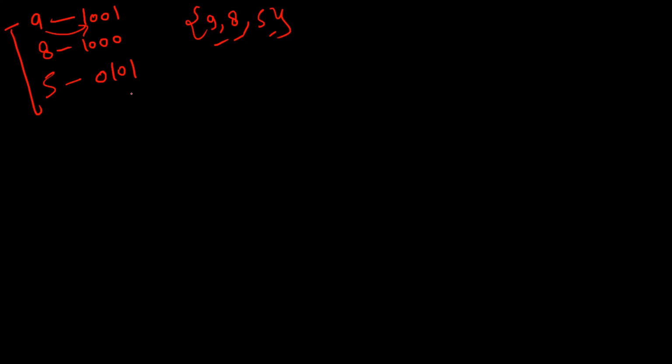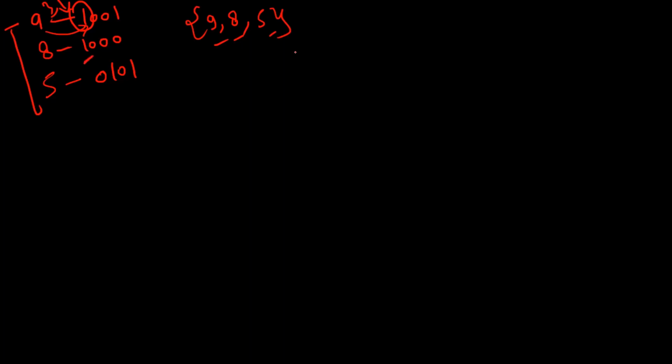Now if you check here, this particular bit, or I can say this third bit, is set. Okay, so we got that this bit is set, so we'll check all the numbers in which this particular bit is also set. Here it is set in 8, right?